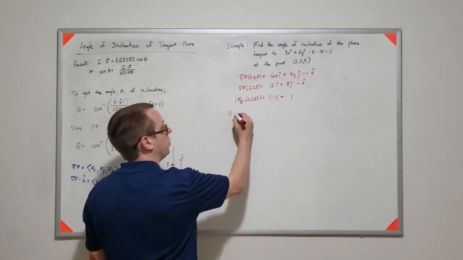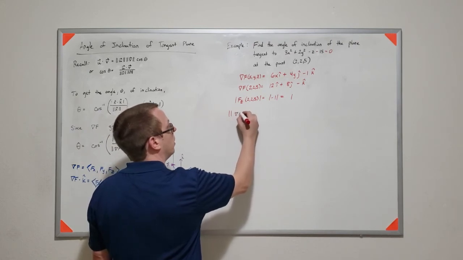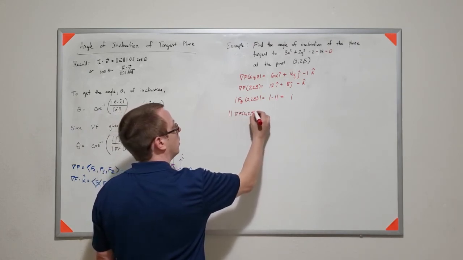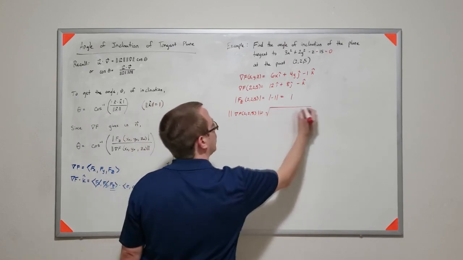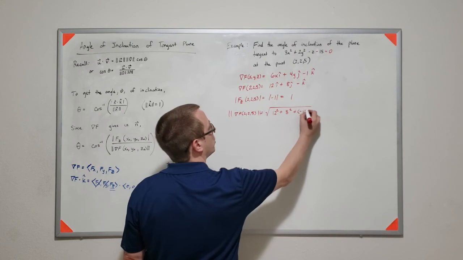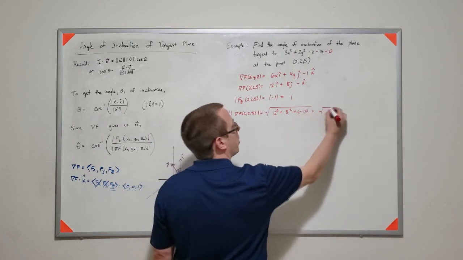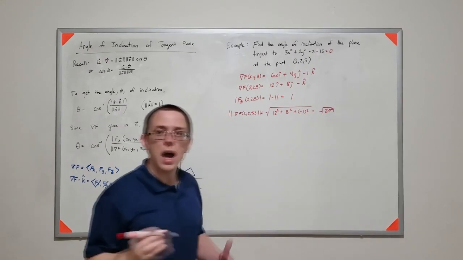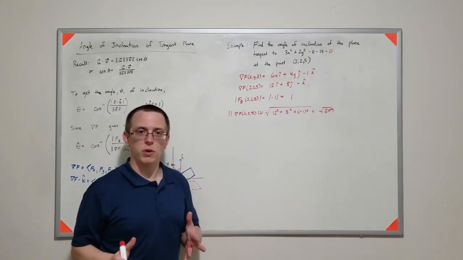And my magnitude is 12 squared plus 8 squared plus negative 1 squared, which is the square root of 209, which I couldn't reduce when I was first going through this.